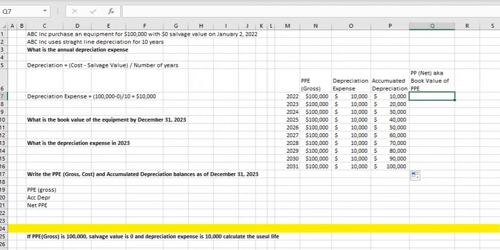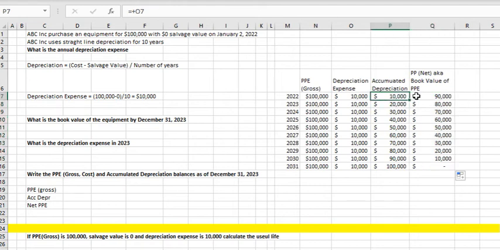The PP&E net, in other words the book value of PP&E, is going to be the difference between the two. So PP&E minus the accumulated depreciation is going to give you the book value. So at the end of year 2022 your book value after depreciation is going to be $90,000. And at the end of 10 years, the book value is going to be 0. And that's what we are trying to achieve.